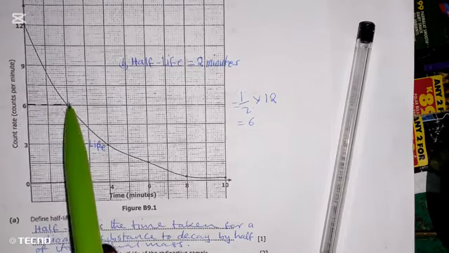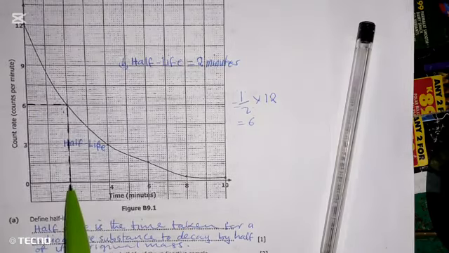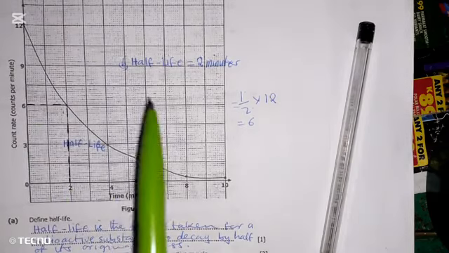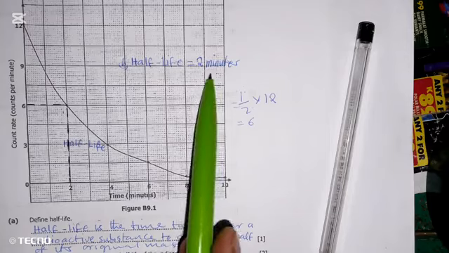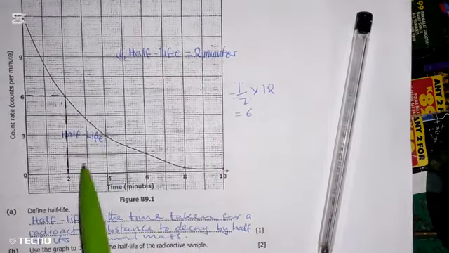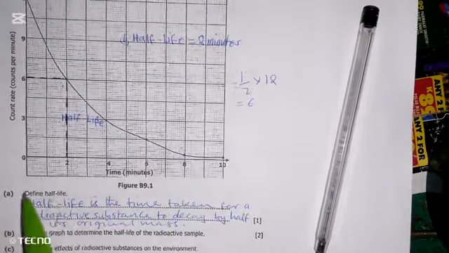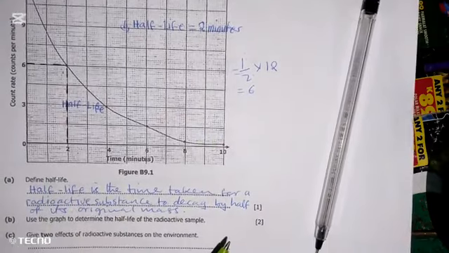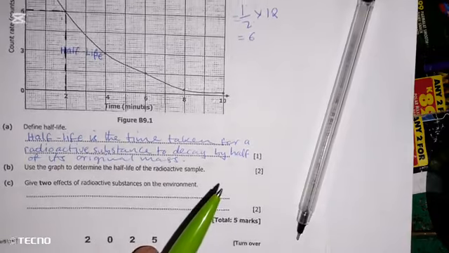Then at 6 you read the time, which is 2. So half-life is equal to 2 minutes. You have used your graph to answer this. Okay, thank you. Then we proceed.